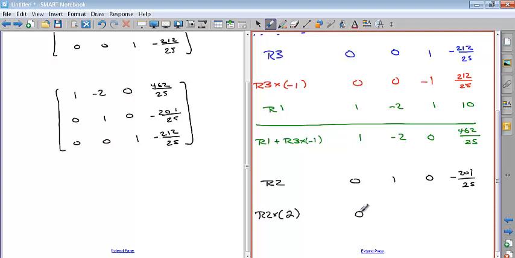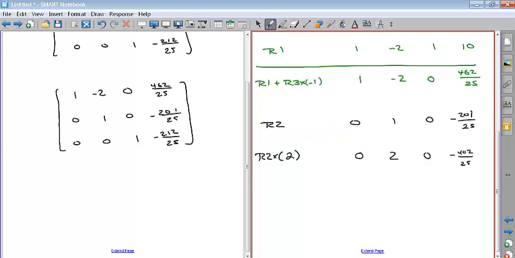So you get 0, 2, 0, negative 402 over 25. So double the numerator. I'm multiplying by positive 2. Then I take row 1 and just write it down, which is 1, negative 2, 0, 462 over 25.